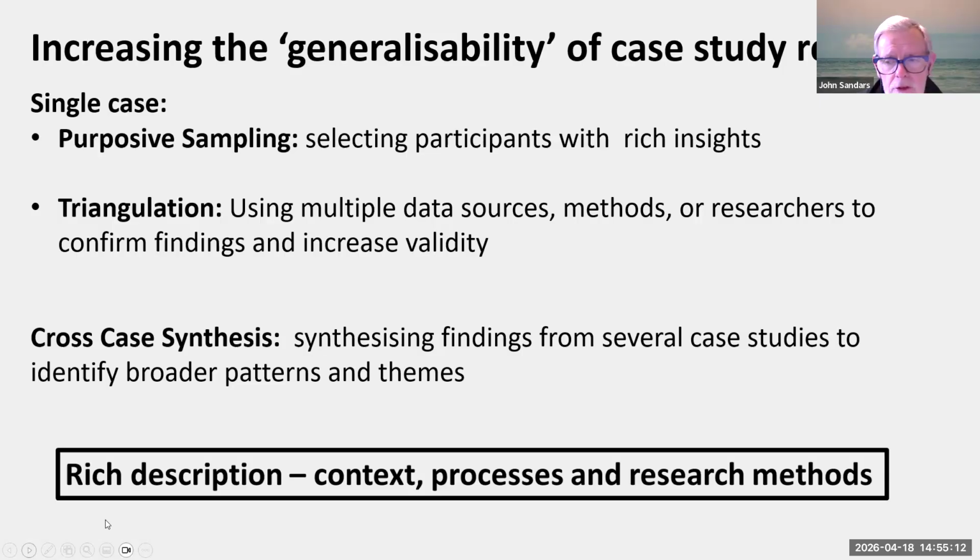You might also get more researchers. So it's not just yourself collecting the data and analysing it, but getting another researcher. Because one of the aspects about qualitative research is that it is a dynamic social interaction between two people, the researcher and the participant, or participants in a focus group. And that depends not just on the individual, but it also depends on the researcher.